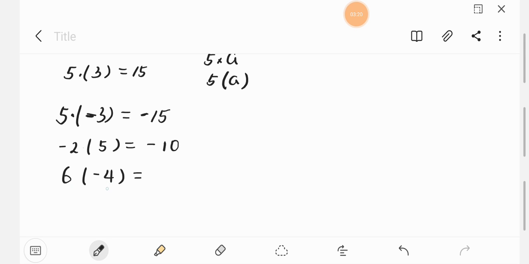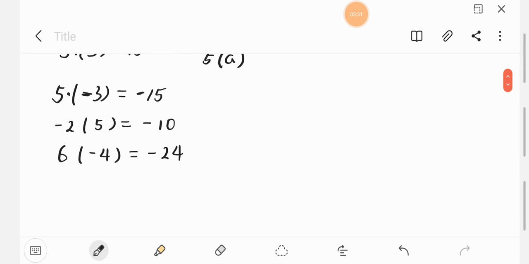You are multiplying two numbers, so the result is negative. 4 times 6 is 24. So we can conclude that the product of a positive number and a negative number is negative.